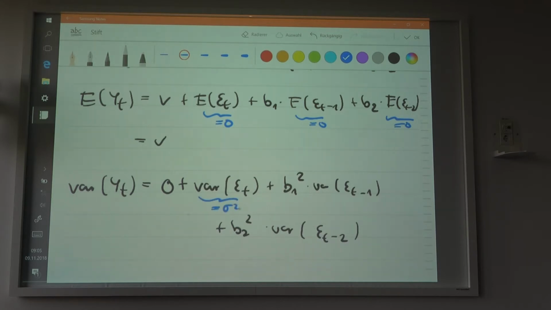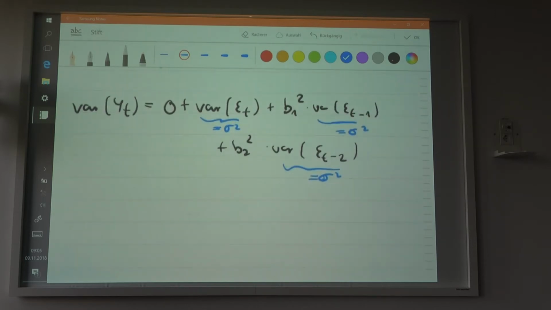So this is a constant, right? That's always going to be the same. That's obvious. So here you have sigma squared plus B1 squared times sigma squared plus B2 squared times sigma squared.